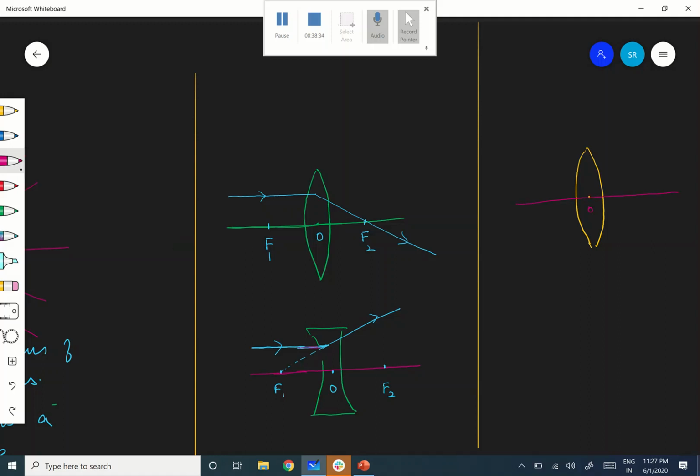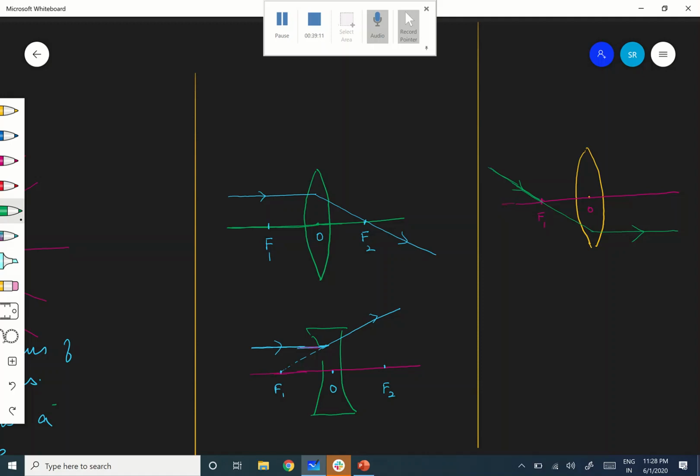If the light is passing through a focus, for example f1, in the case of a convex lens, after refraction it will be parallel to the principal axis.